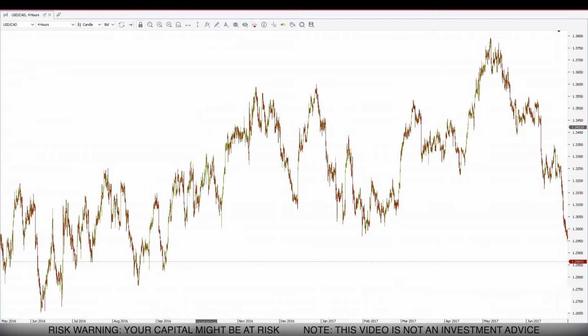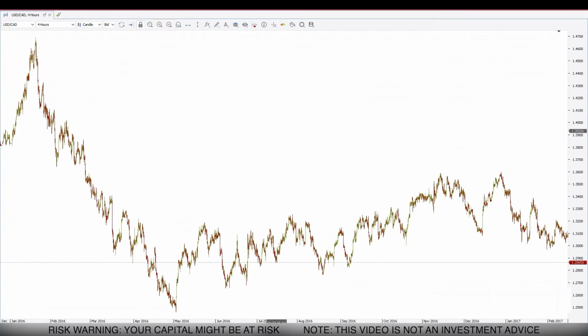We do have a bit of a wedge formation right here if we take a trend line and connect it from here to here. So this would be our 1 to 3 trend line. This would be our 2 to 4 trend line, and the time taken for this wedge is from here to here.